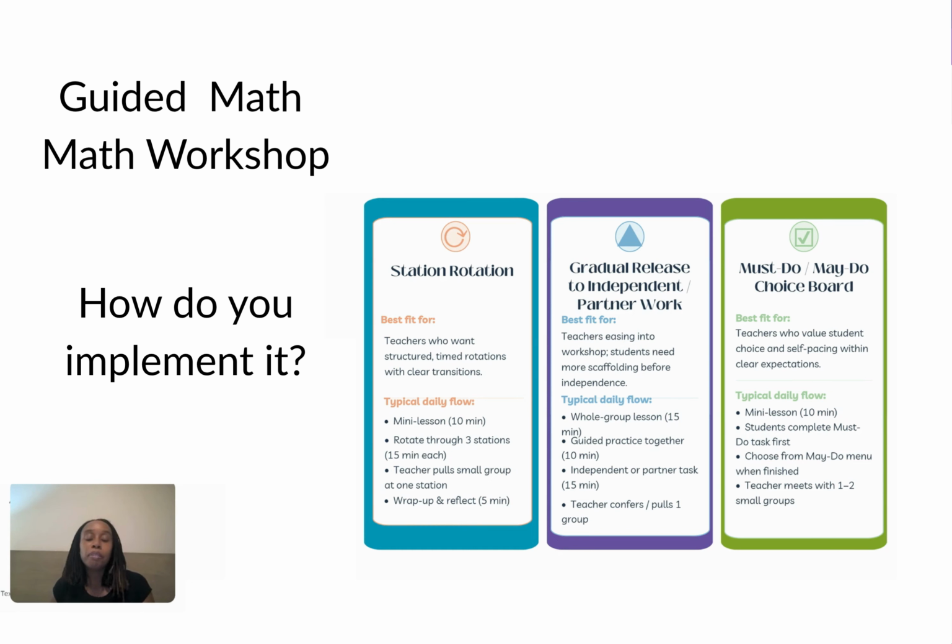So I think you can really have fun with this. You can be as strategic as you want. I think one of the most important things to remember is that it's very important to be strategic about what standards you cover in the stations and how you're utilizing that while you're also utilizing small group instruction.